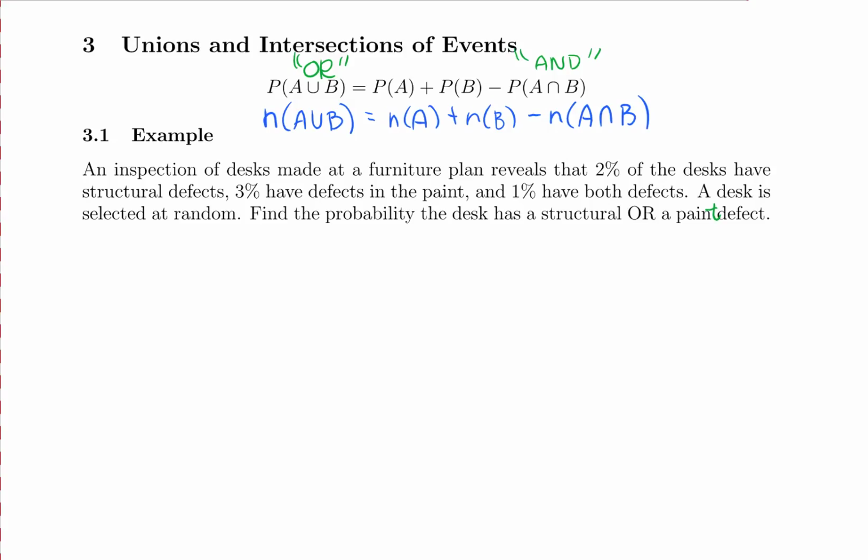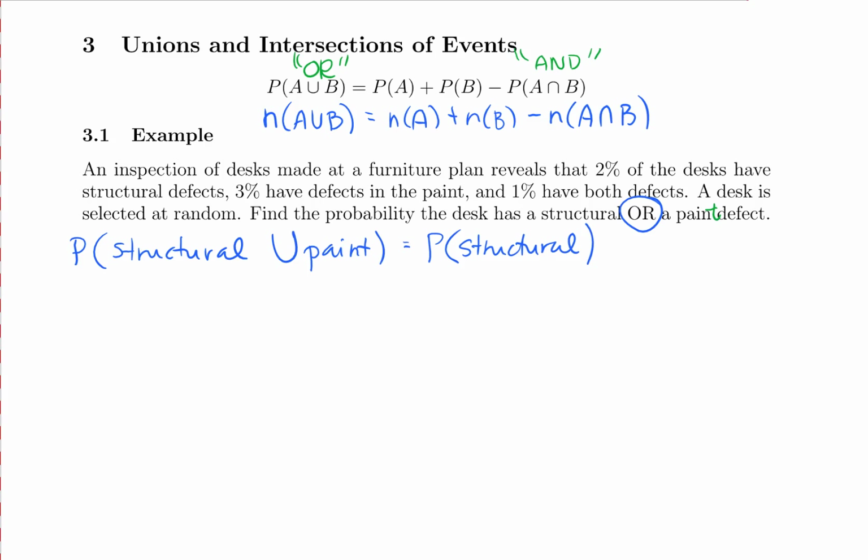Alright, so let's figure out first off what we're trying to find. We're interested in a structural or a paint defect. So we're looking for the probability of a structural, or, and the or is the union, so or a paint defect. So that means if we follow our formula, we need to figure out the probability of having just a structural defect or having a structural defect.